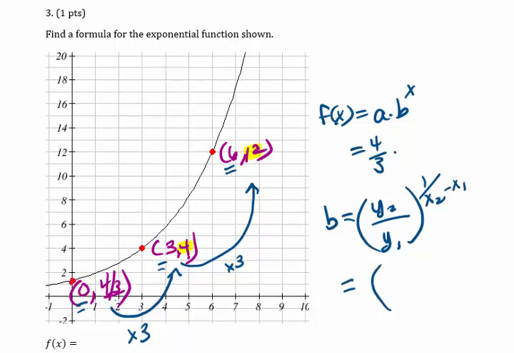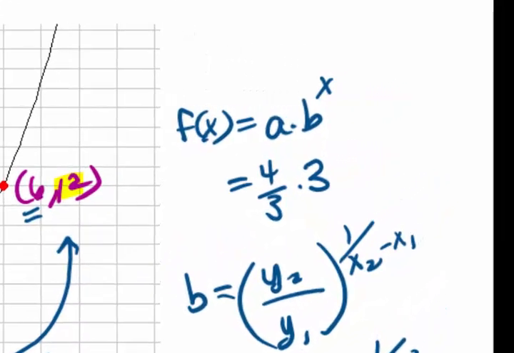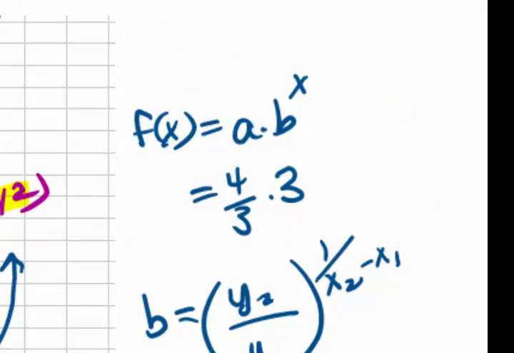And so we end up with 12 divided by 4, to the 1 over 6 minus 3. Or 12 divided by 4, which is 3, and then 1 over 6 minus 3, that's to the 1/3. So altogether, we have our function f of x equals 4/3 times 3 to the 1/3 to the x, or you can just write 3 to the x over 3.